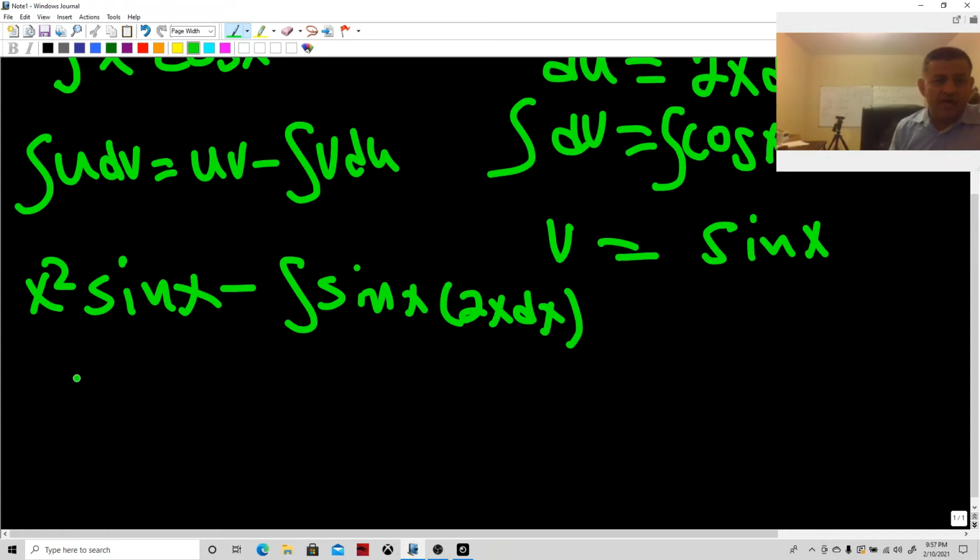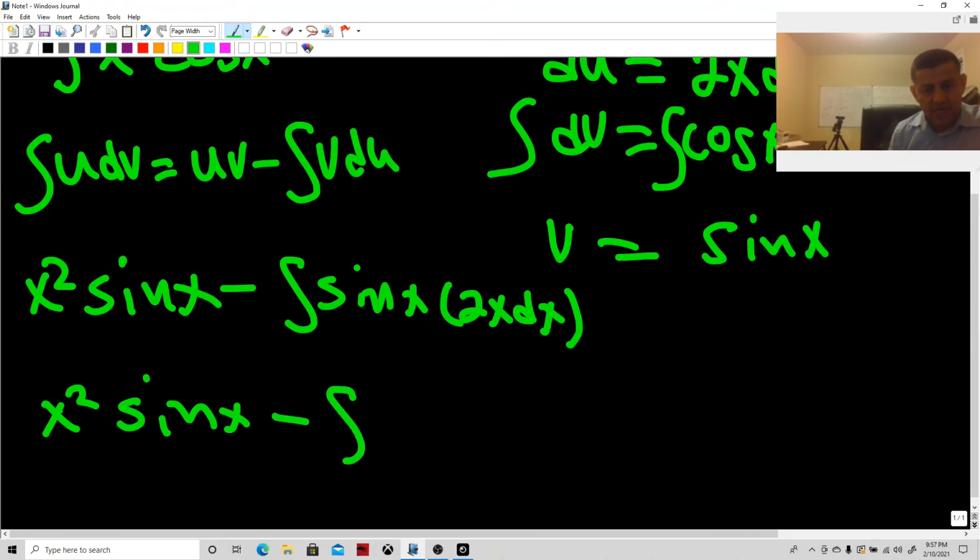Okay, so now I can rewrite this and bring it to the front, in front of that sine right there. And I can say x squared sine x minus the integral of 2x, and I can leave the dx hanging over here. So I brought that 2x in front, right?